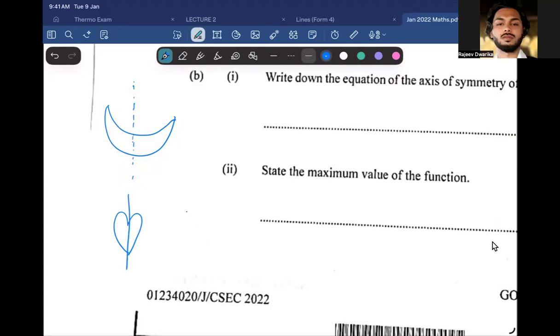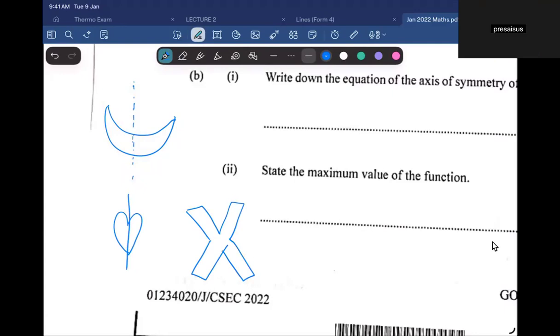Yeah. What about this shape though? In the middle? Over here? Yes, sir. Is that the only solution? No, sir, there's another solution.